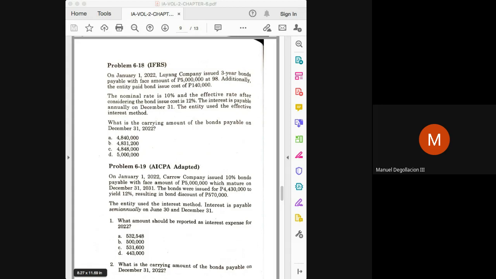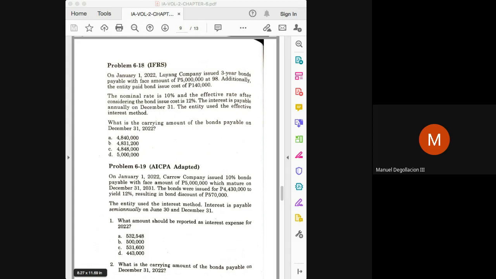That is why if you look at the choices, they are greater than 4,760,000 because of the decrease in your discount.